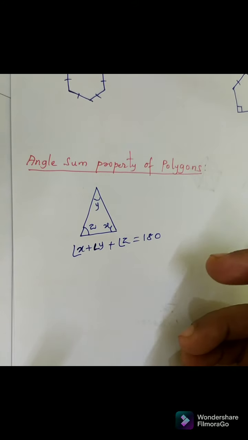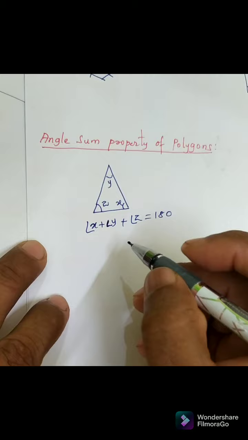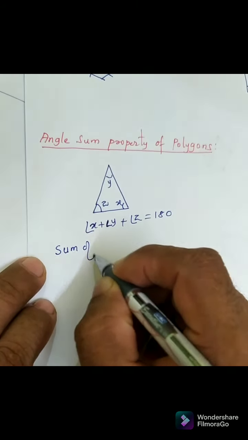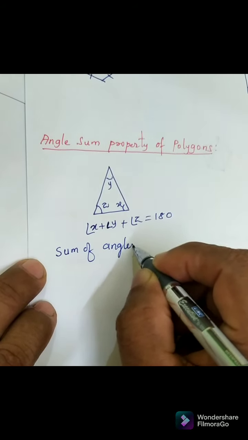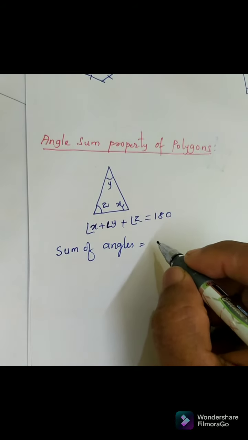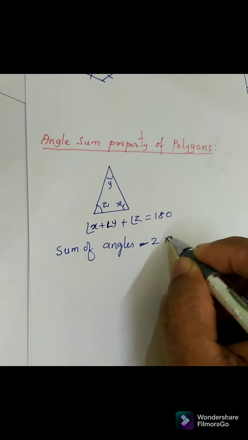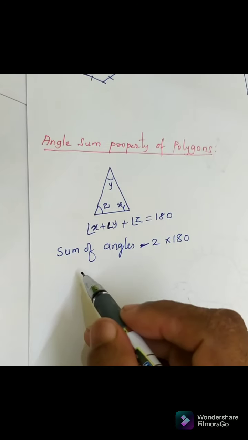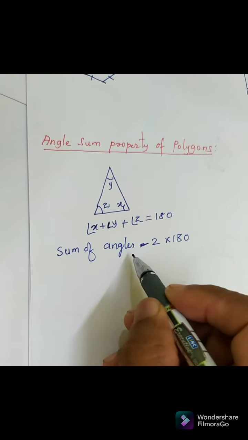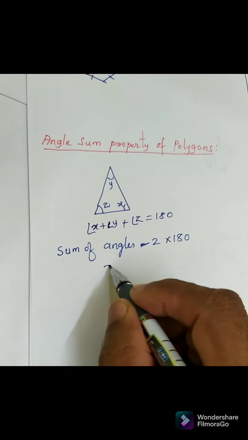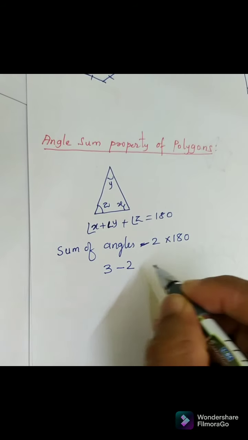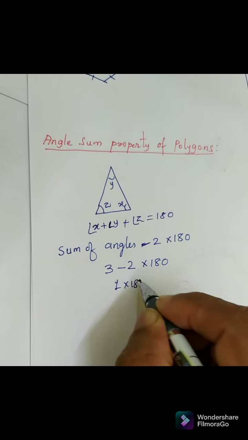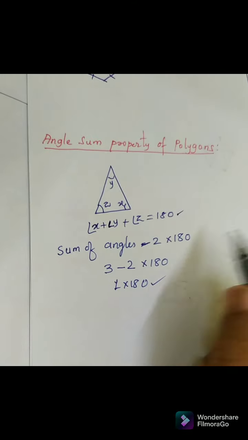There is also one more formula. Sum of the angles is (number of sides minus 2) into 180. So this is another angle sum property. For 3 angles, it is 3 minus 2 into 180. So 3 minus 2 is 1, 1 into 180. So here also you can see it.